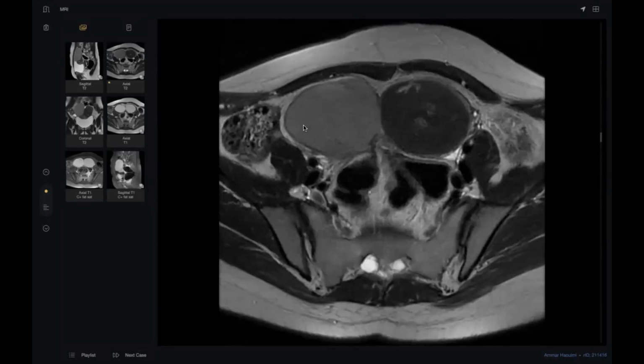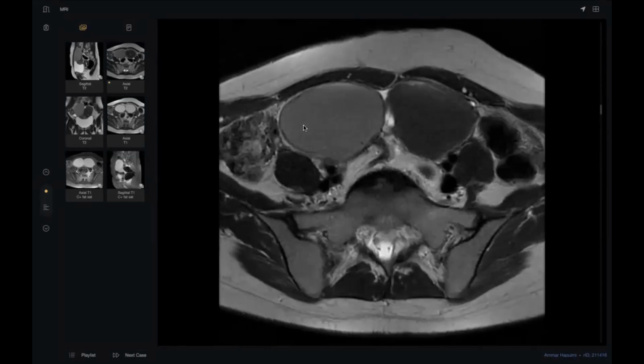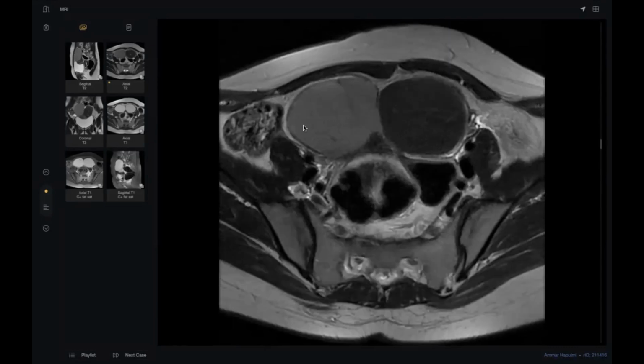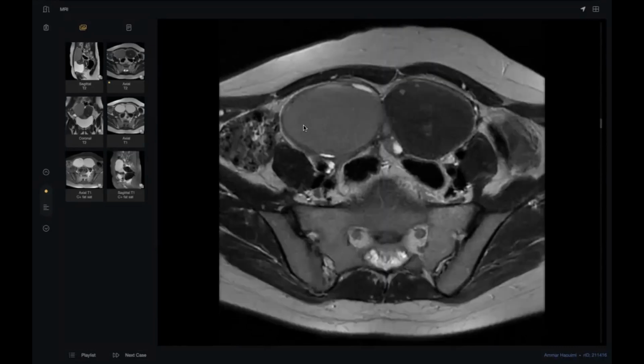The cysts have a thick wall, and in the background of history of infertility, I am in favor of endometriotic cyst. However, give me one sign from the MRI.